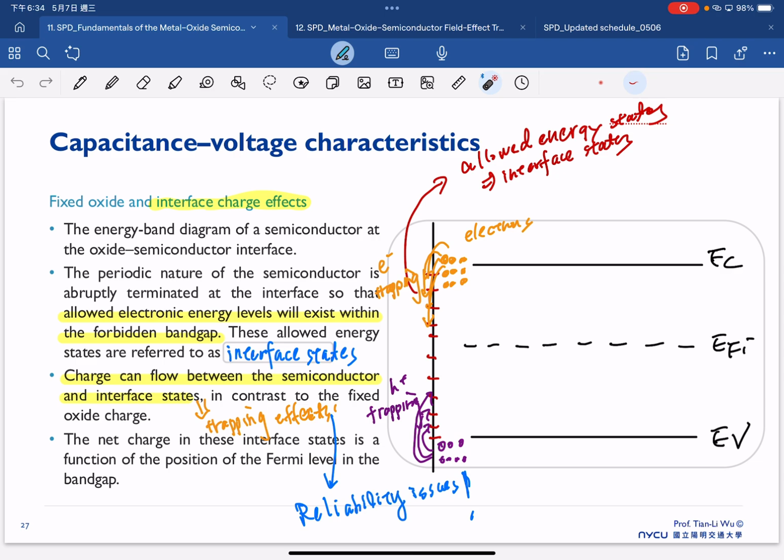As we already mentioned, this is silicon and this is silicon dioxide. Anyhow, our silicon will be terminated somewhere, and this termination of the top surface will in the end create a lot of allowed interface states, or allowed energy states, in the forbidden gap region.